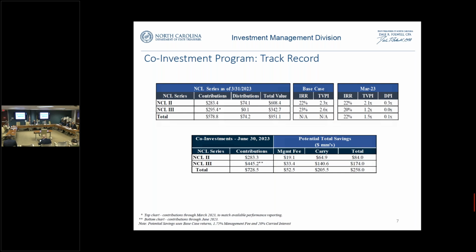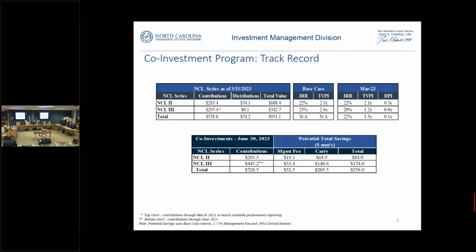We have 6 investments in there with 5 general partners, and we've invested $283 million, currently marked at $608 million. Then we went to NCL3, and this parallels a commitment we've made to Ares Landmark, where we're able to execute co-investments, diligence with them, and get them to handle the legal execution.